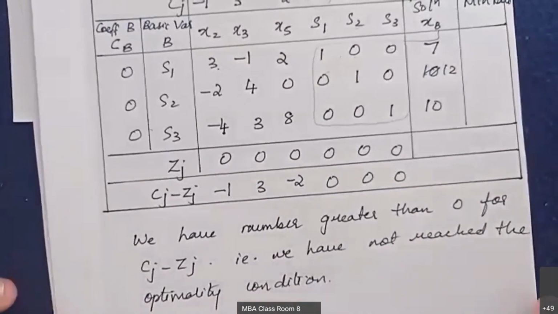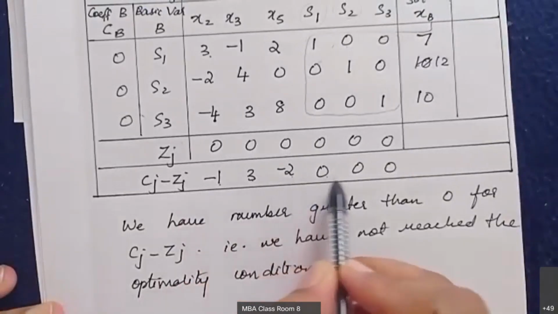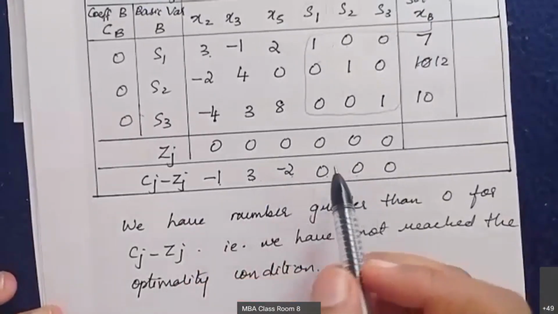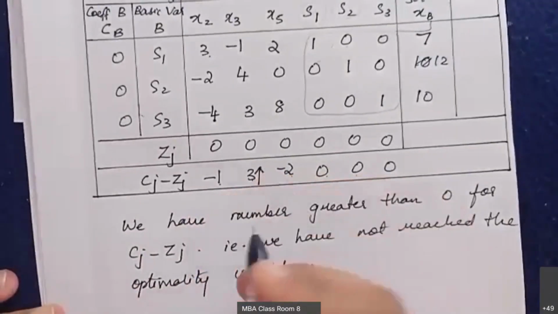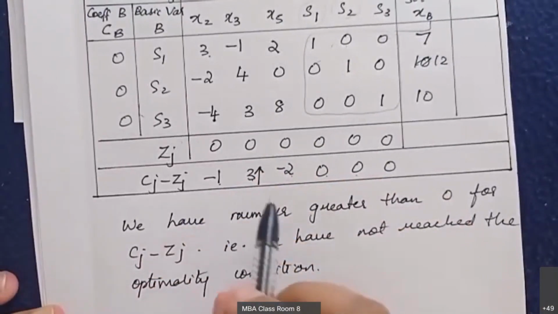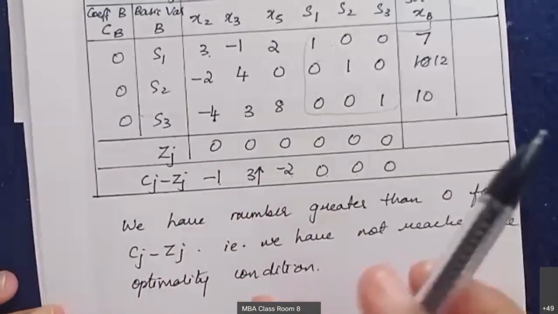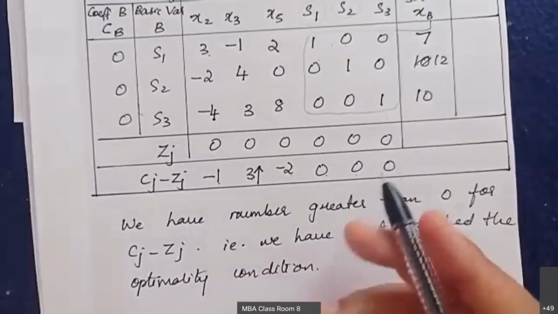So what do we need to do? For getting an optimality condition, all the numbers over here should be either 0 or a negative number. But in our case, here we have a positive 3. So by this we understand that we have not reached the optimal condition, or this is not our final simplex table. We have to further iterate.